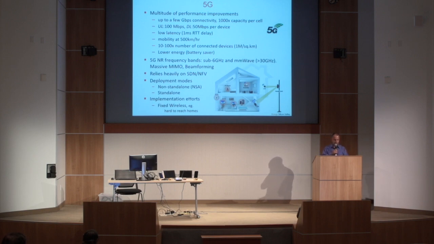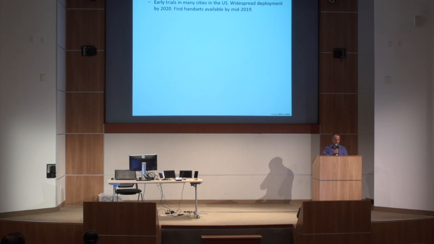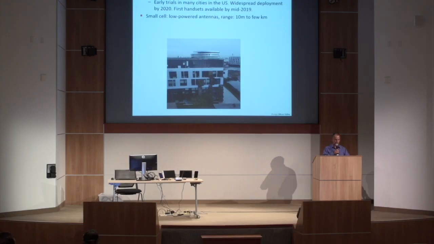So they're looking into how you can deploy 5G as a fixed wireless broadband today. Again, the early trials are happening around the world, in the US, of course, and other places in Asia and in Europe as well. And we expect widespread deployment by the end of 2020. This is actually our research labs in Paris that I'm showing here.